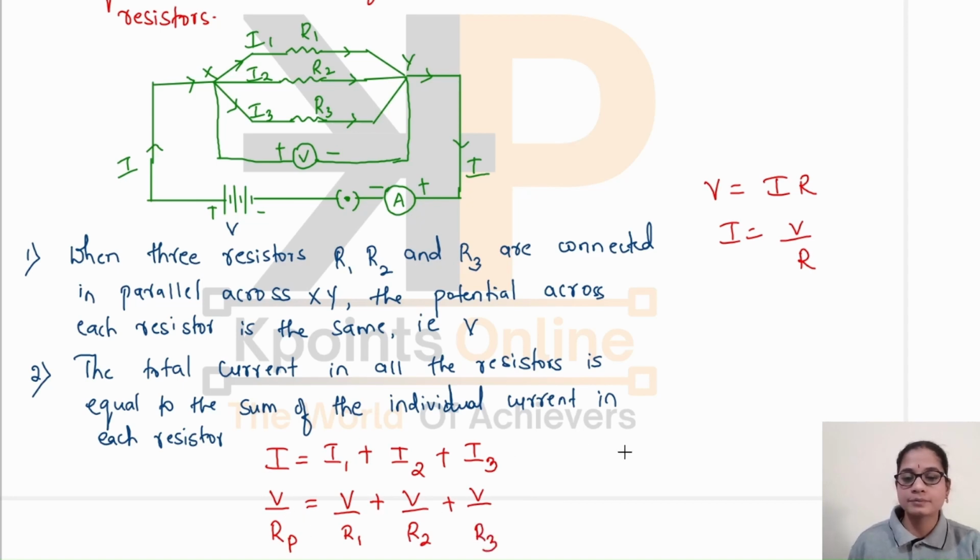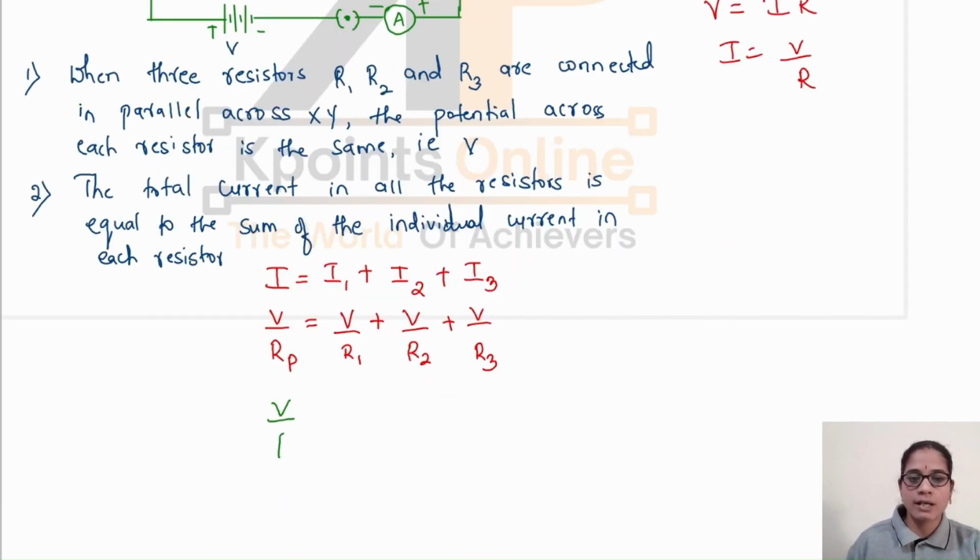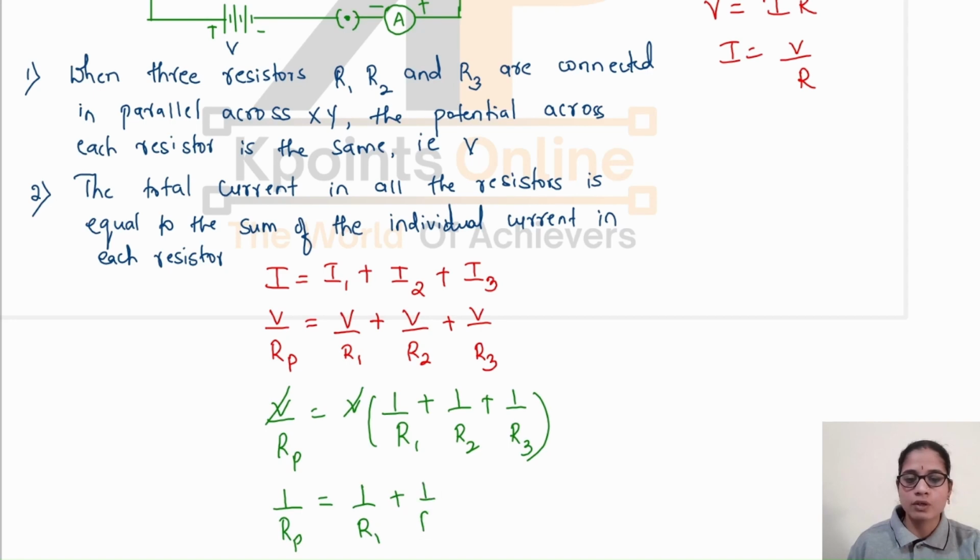So we can write V upon Rp is equal to, taking V as common, 1 by R1 plus 1 by R2 plus 1 by R3. These two V cancel. I get 1 upon Rp is equal to 1 upon R1 plus 1 upon R2 plus 1 upon R3.